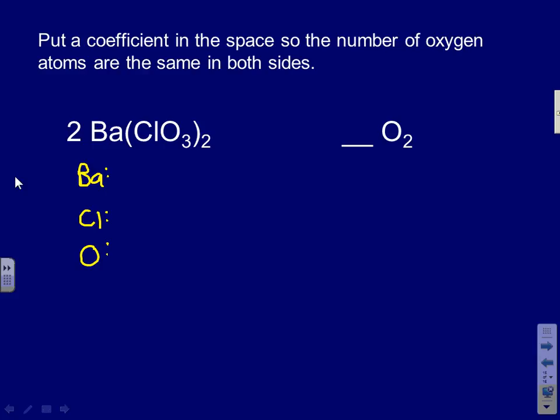So we're going to do the same thing we just did. Figure out how many bariums, how many chlorines, how many oxygens. Then the question is going to be, what do I put in front of that O2 in order to have the same number of oxygens? Well, we'll go through the motions on the barium. 2 times, 2 times, 2 times.